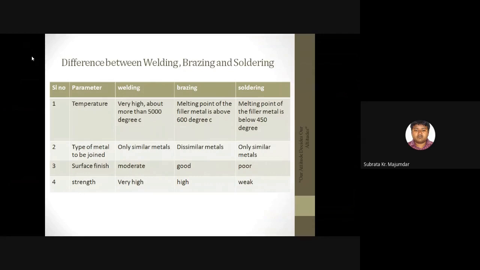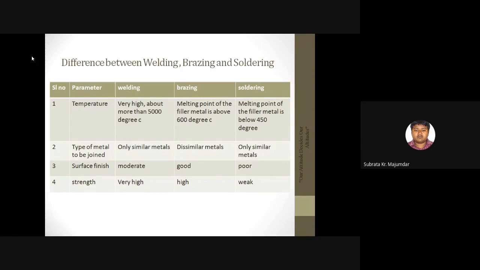So the investment cost in welding is much higher compared to brazing and soldering. Brazing has an investment cost higher than soldering but less than welding. And soldering investment cost is very low compared to the other two.